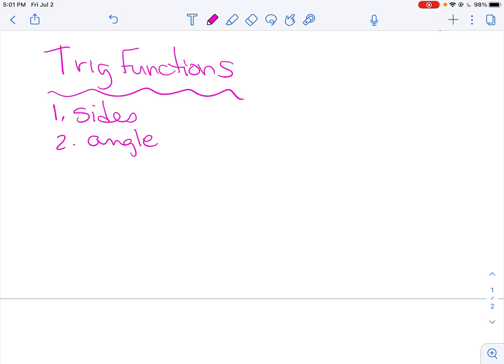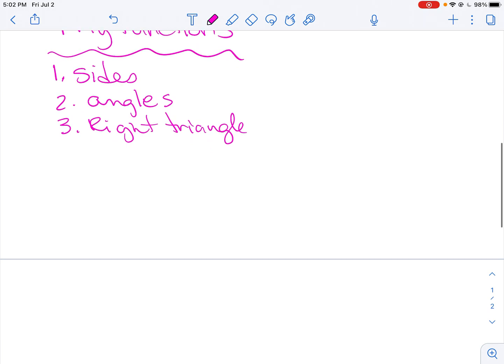Okay? Sides and angles, not just the side. It also has to be a right triangle, at least for now. For what we're doing, it has to be a right triangle.